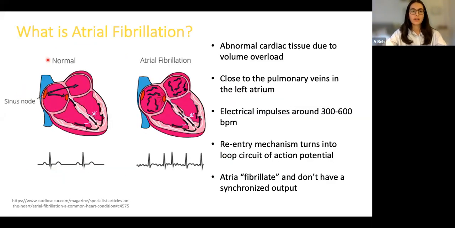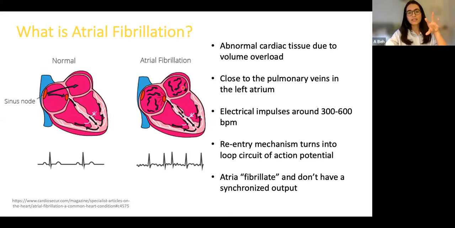So now, how does atrial fibrillation work? So I just told you about the normal conduction system and how it works, that it all starts in the sinus node, located in the right atrium, and then goes to the ventricles. And in atrial fibrillation, we have some abnormal cardiac tissue that generates electrical impulses.